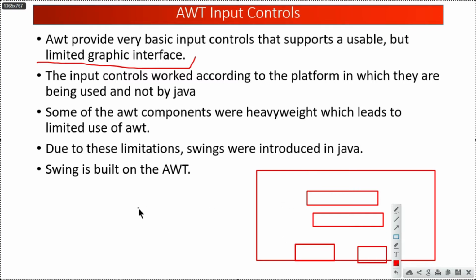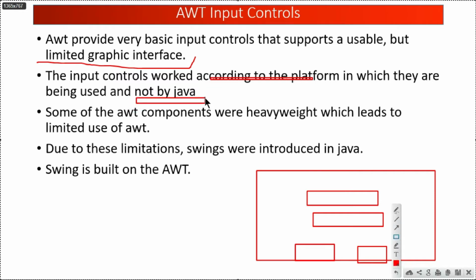Sometimes you may need advanced input controls like table, tabbed panes, color picker, print dialog box, open dialog box. These were not available in AWT input controls. For this, Java introduced the new concept of swings. Plus, the input controls that you use in AWT are according to the platform and not by Java.